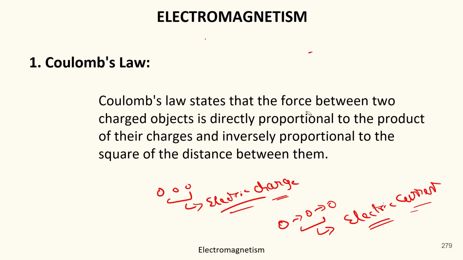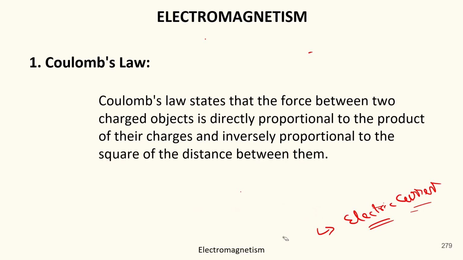Okay. So Coulomb's law states that the force between two charged objects is directly proportional to the product of their charges and inversely proportional to the square of the distance between them.